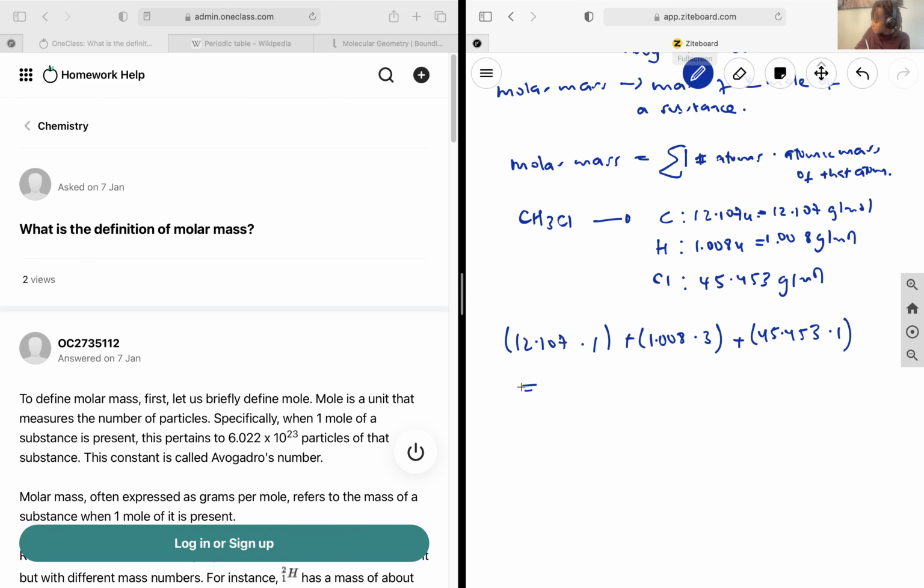That gives us a final answer of 50.584 grams per mole for this example. And that's how you go about calculating the molar mass.